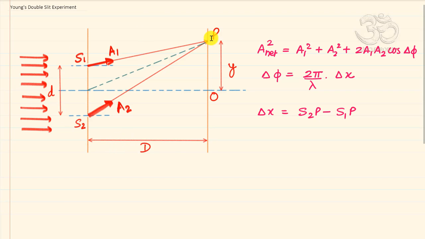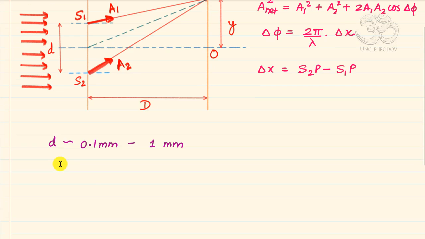Usually when you go for a Young's experiment of this kind, we get very good interference results if this distance small d is typically of the order of 0.1 millimeters to 1 millimeter. And capital D usually is of the order of 1 meter to around 2 meters.